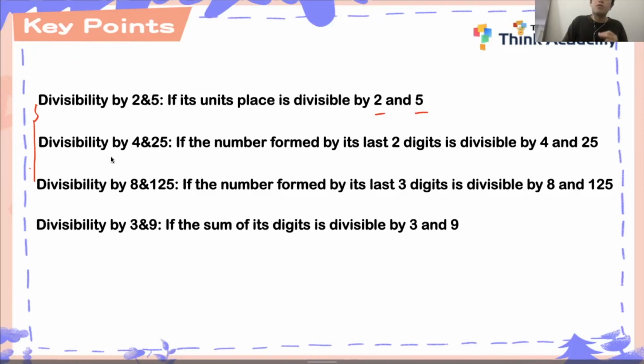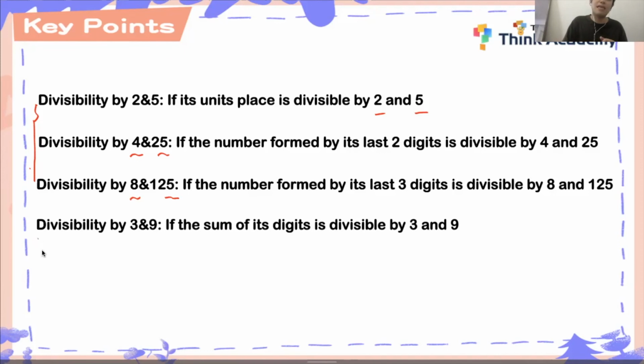If the last 2 digits are a multiple of 4 or 25, this whole number can be divisible by 4 or 25. And if the last 3 digits are a multiple of 8 or 125, this number can be divisible by 8 or 125.